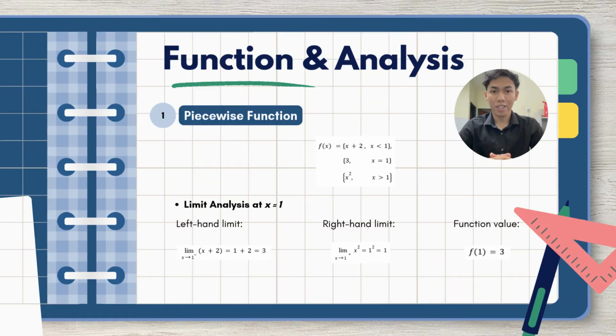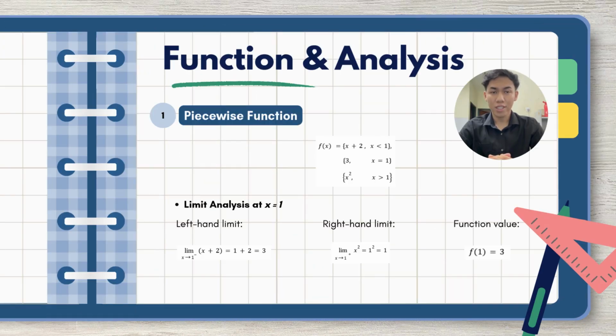So we have a function with three equations, which is a piecewise function: f(x) equal to x plus 2, f(x) equal to 3, and f(x) equal to x squared. The method in the limit analysis is that we have two, the left hand limit and the right hand limit. For the left hand limit, the limit of x plus 2 as x approaches 1, we substitute 1 into x, so we get 3.